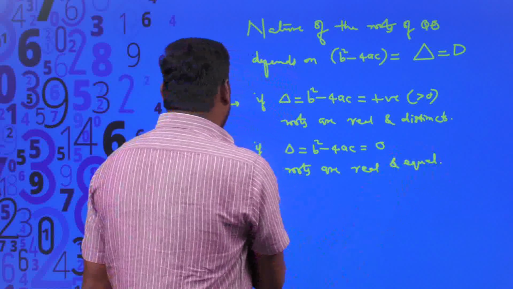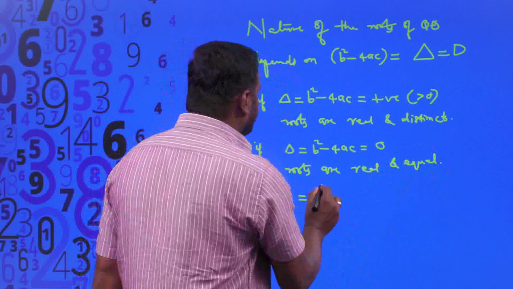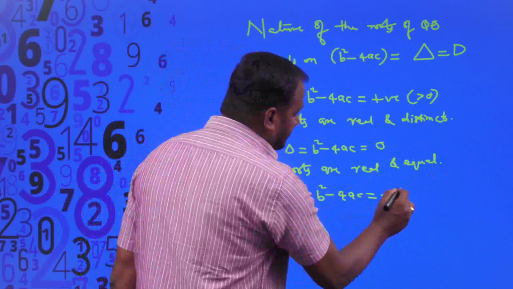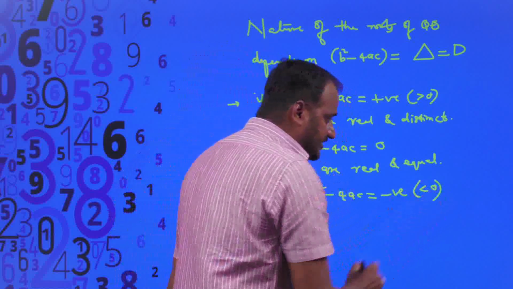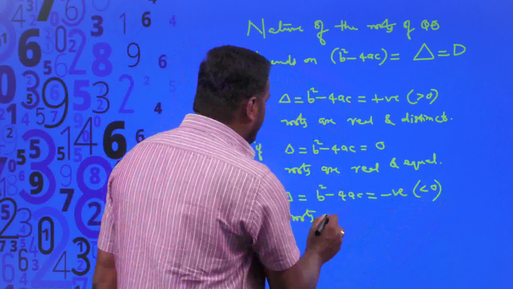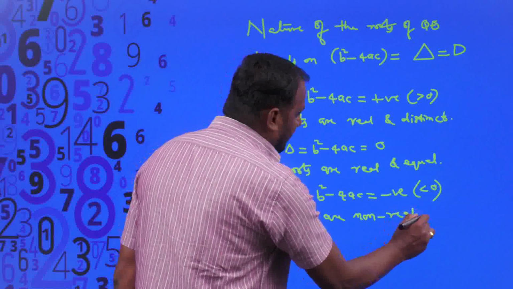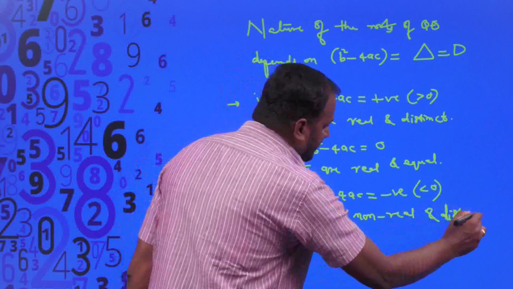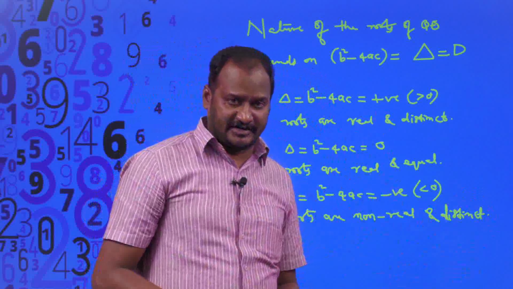And finally, if the value of delta, equal to b square minus 4ac, is negative, meaning less than 0, then what do you call the roots? Then the roots are non-real or complex roots, non-real and distinct roots. Okay. So this is about the nature of roots of quadratic equation.